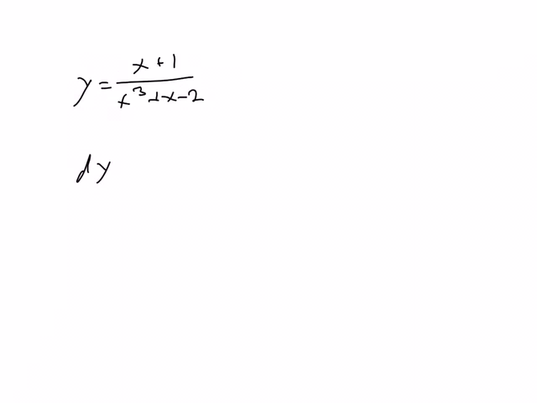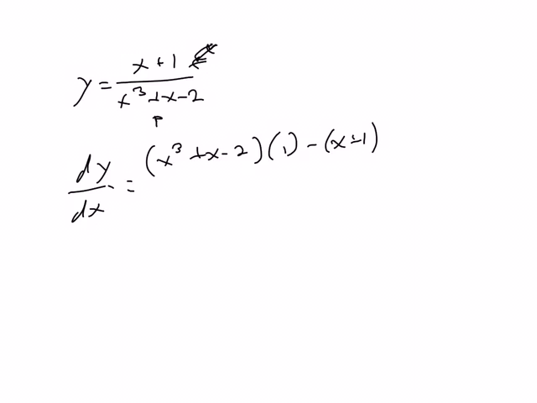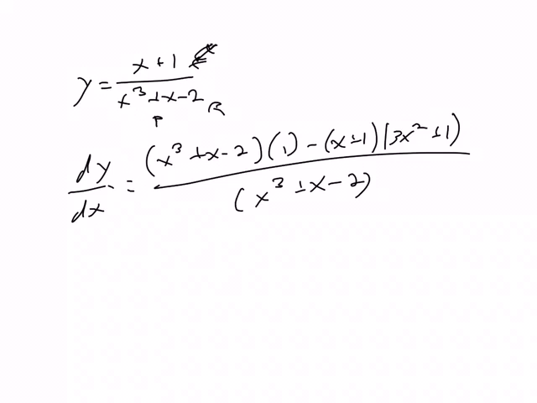So dy over dx is equal, so this times the derivative of that, so this is x to the third plus x minus 2 times the derivative of this, which is just 1, minus x plus 1, this times the derivative of this, which is 3x squared plus 1, all over x to the third plus x minus 2 squared. That's problem 30.